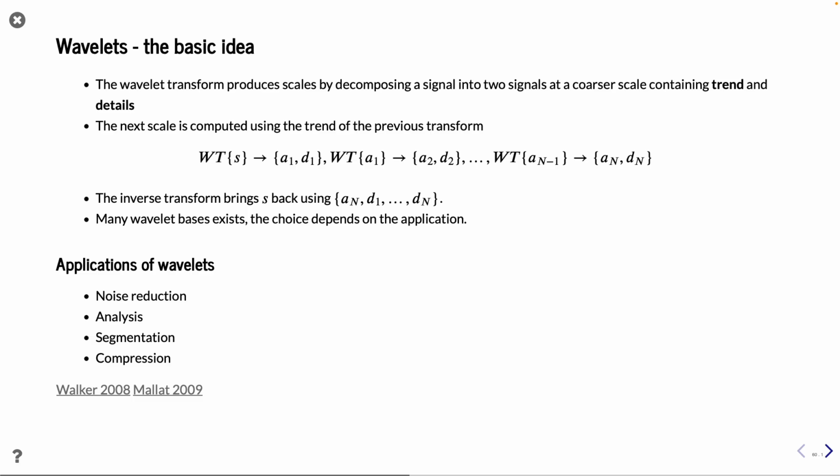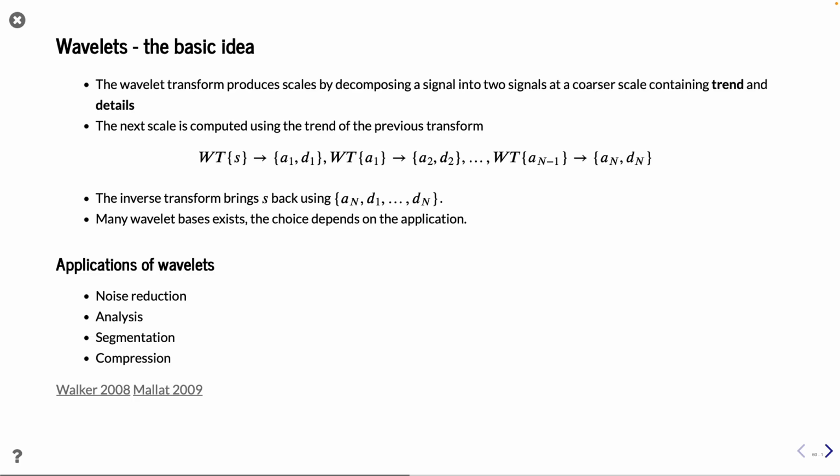What you do in the wavelet transform is separate the image into a trend part and a detail part. The trend part is a low pass part, and the detail is a high frequency part. Then in the transform sequence, you always take the trend and apply the transform again, and always you save the detail part.